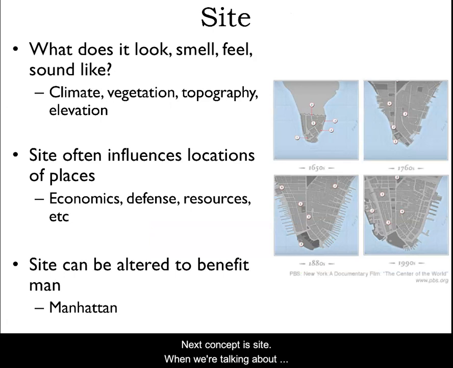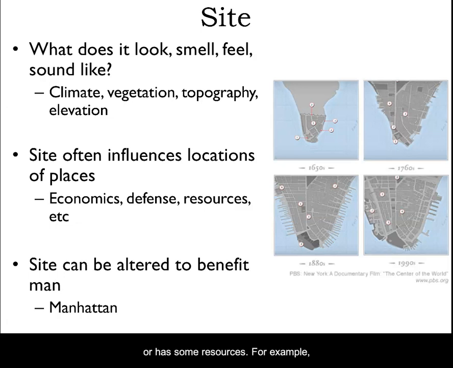Next concept is site. When we're talking about where we are, just looking at what does it describe the place through its look, its smell, its feel. Sometimes we can use site to also explain why we chose it to develop a city there, because maybe there's an economic advantage to doing so, or maybe it provides some natural defense, or it has some resources.